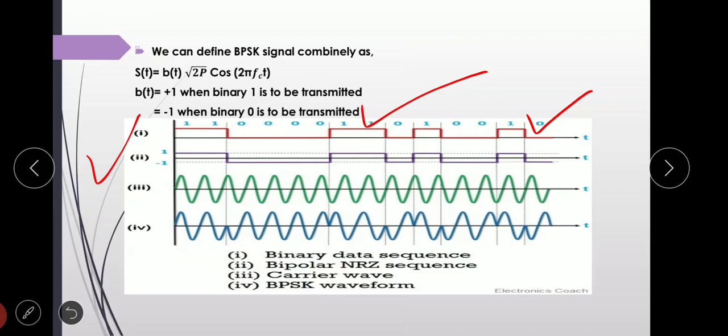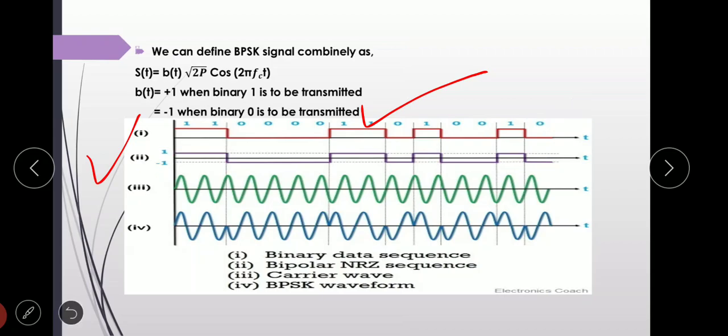But for BPSK we have to convert this unipolar signal into bipolar. In the second diagram you can see the signal is present in the upper half and lower half, so in both the positive half and negative half the signal is present, meaning the signal becomes a bipolar signal.